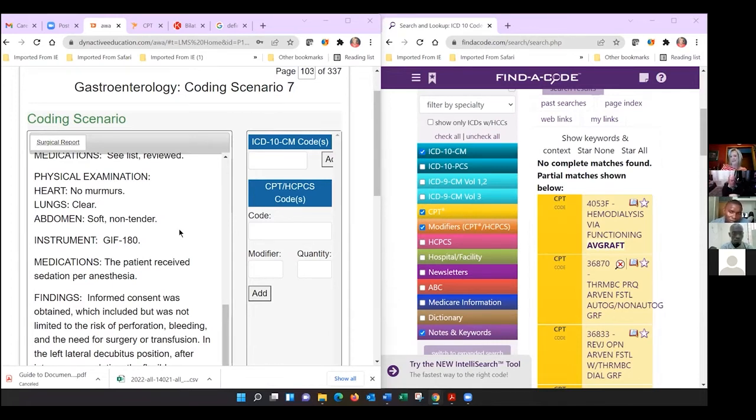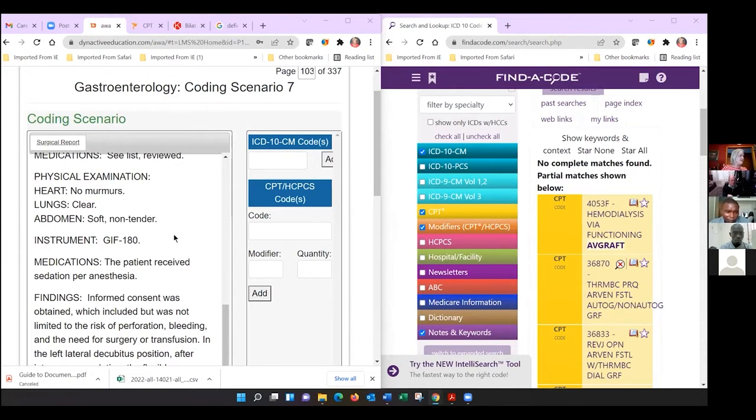There's no other diagnosis. So far in my notes, I have history of esophagitis with dysphagia. Okay, so that's what I've written down as I went through.